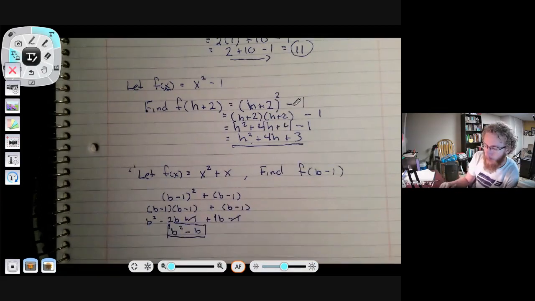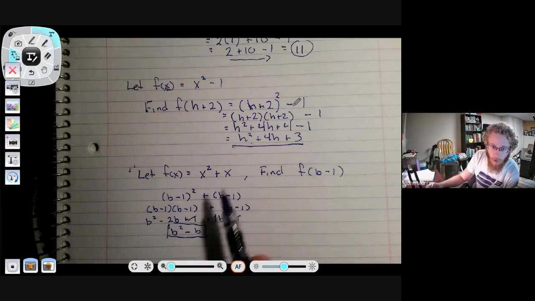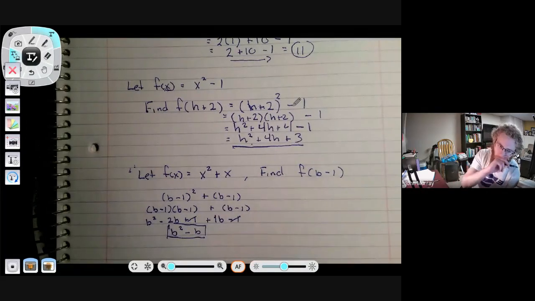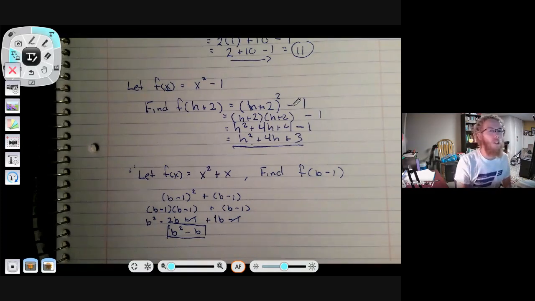So notice, it looks very similar to our original, but now we just have a minus instead of a plus. Any questions on this?